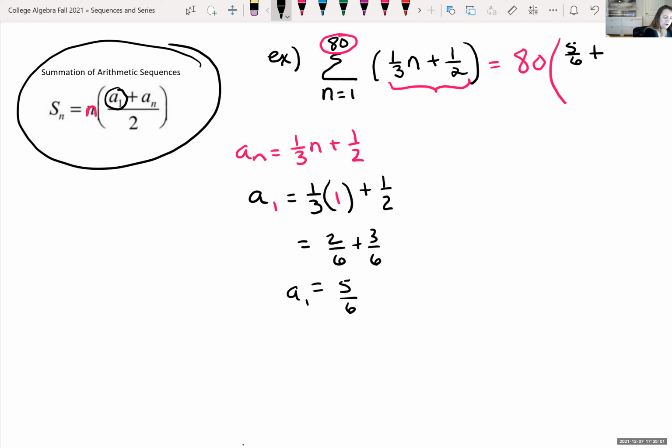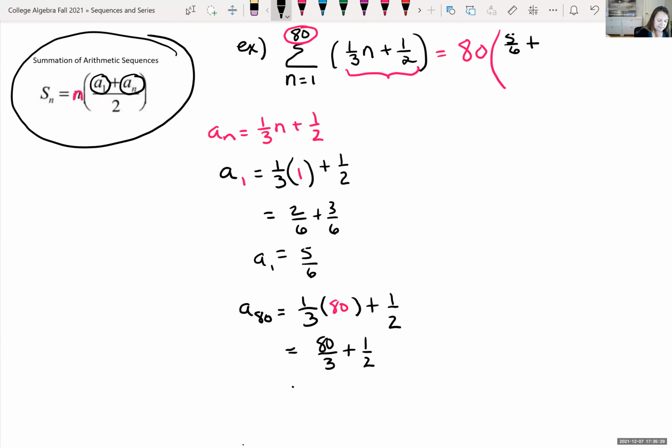Plus, now I need to look at the last term. And so my last term is the 80th. So I need to find what a80 is. So I have 1/3 times n, which is 80, plus 1/2. So we have 80/3 plus 1/2. We need the common denominator again, which is 6.